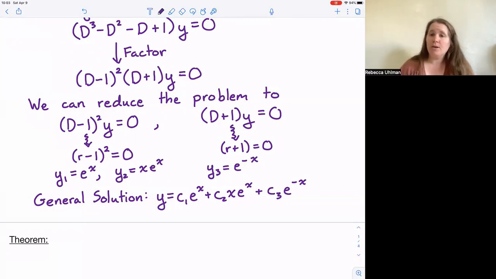Again, now that we're beyond second order, we could certainly have a real root appear n times if we wished.